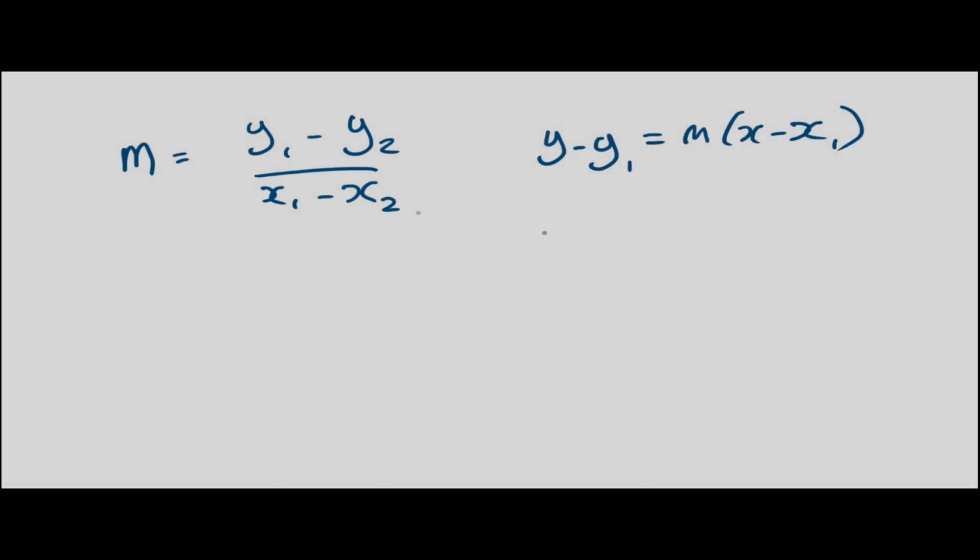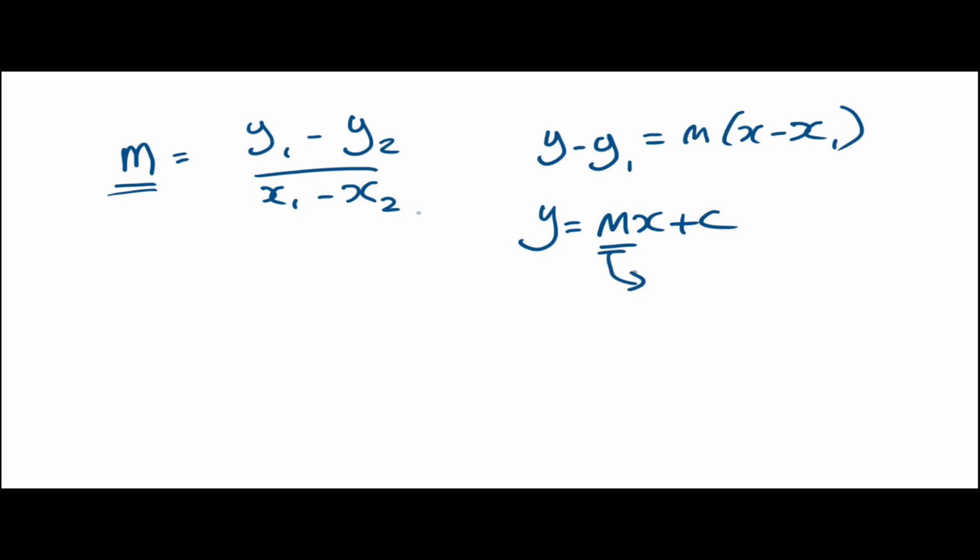They will give you these formulas, but you need to know what these actually mean. So what does the m mean? Well, we should know what the m means. It's in our formula mx plus c. It's the same m, and if you remember, it's the gradient, the steepness.